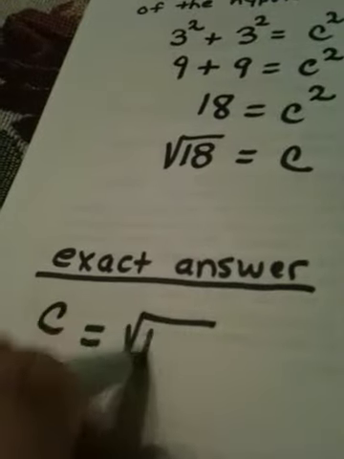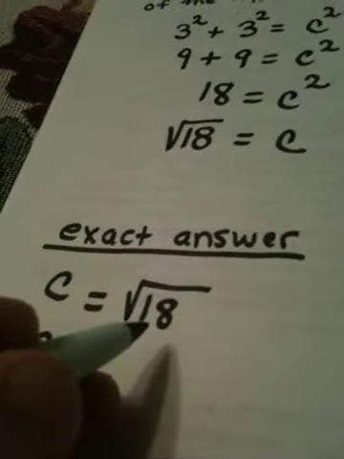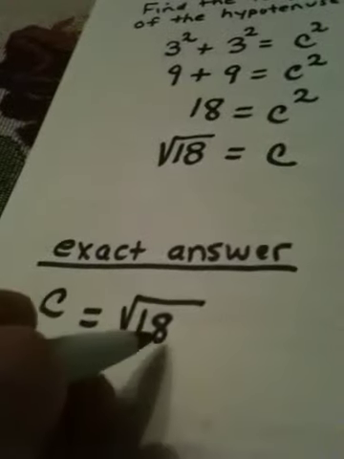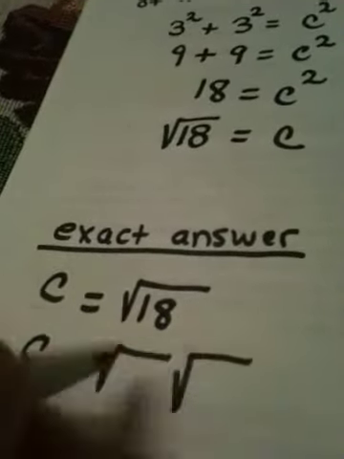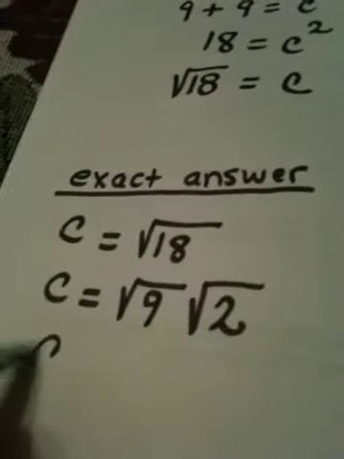The exact answer for C is the square root of 18, but again, a radical should always be broken down as far as it can by taking out the largest perfect square that is a factor, in this case of 18, and I can write this as the square root of 9 times the square root of 2.